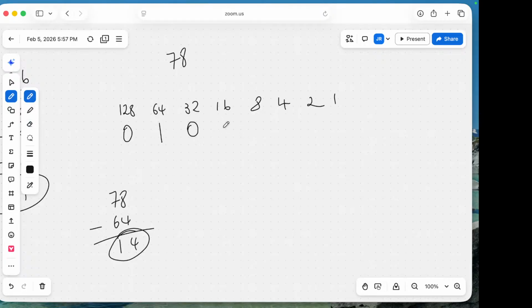But 8 is not, so we can have a 1 there. 14 minus 8 is 6. So we've got 6 left over, and 6 minus 4 is 2. So we can have a 1 there and then a 1 there, and a 0 at the end. So it's 0, 1, 0, 0, 1, 1, 1, 0.